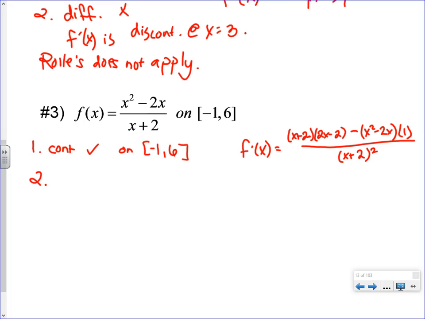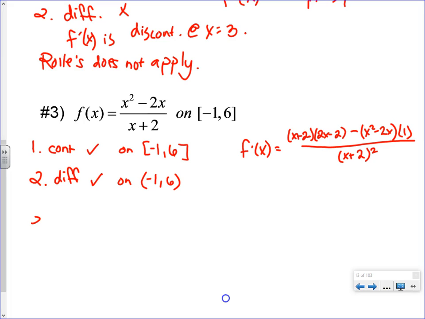Question, when is the derivative discontinuous? -2. But what did we already say about -2? Doesn't matter. It's outside of the interval. So therefore I can say, f prime doesn't work at -2, but once again, -2 is not a problem. So we can say f is differentiable. Technically, according to the theorem, we're only looking at numbers in between -1 and 6. All of those can be plugged in just fine.